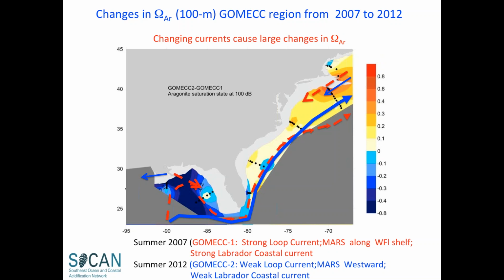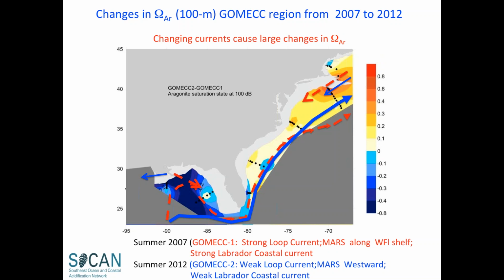We had a loop current which went very well into the Gulf of Mexico. There is independent evidence that this caused a very strong entrainment of waters from the Mississippi outflow system along the West Florida shelf.